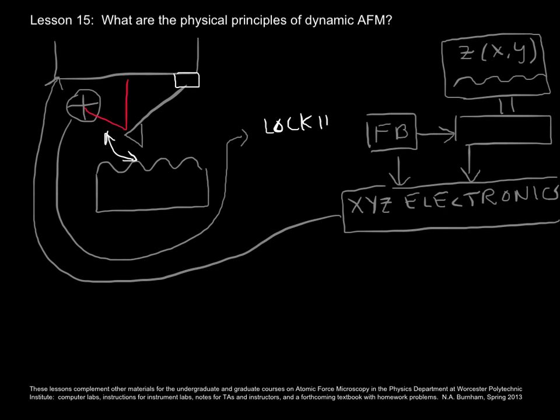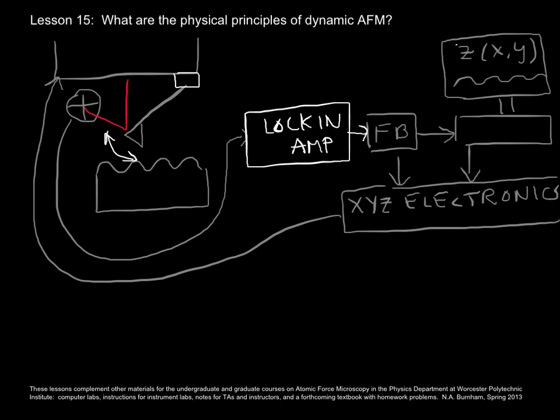We need a lock-in amplifier, and what that does is it locks in on the frequency that is being used to drive the cantilever and determines the amplitude of oscillation at that frequency. It then sends a signal to the feedback circuit that is proportional to that amplitude. Then the feedback loop uses that as the feedback, the set point parameter.